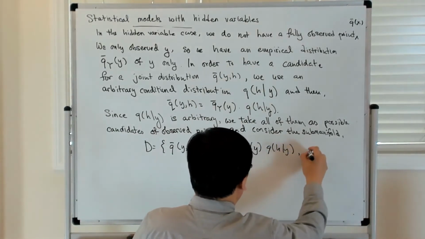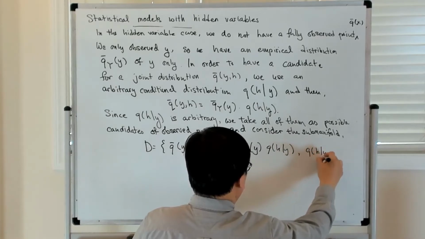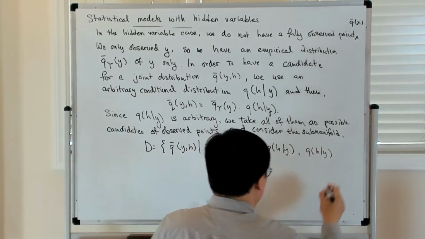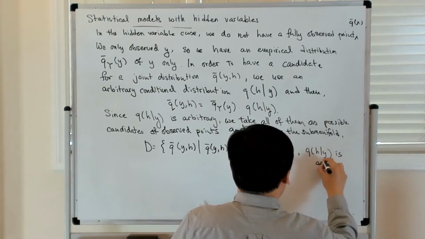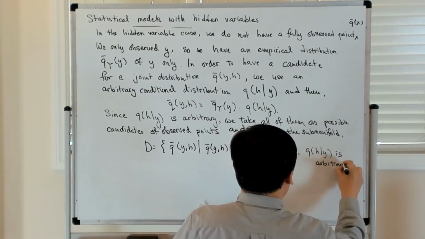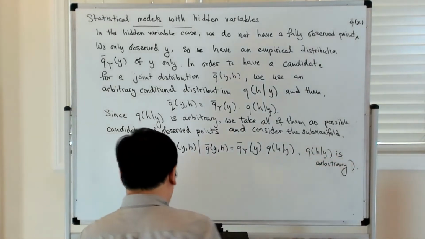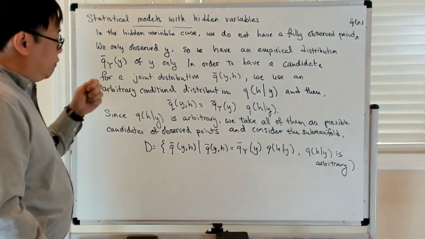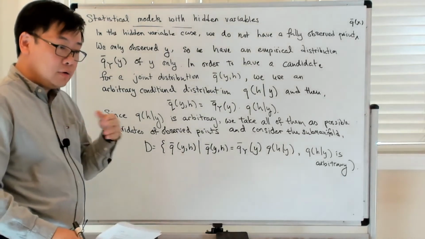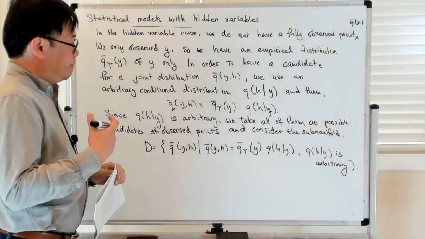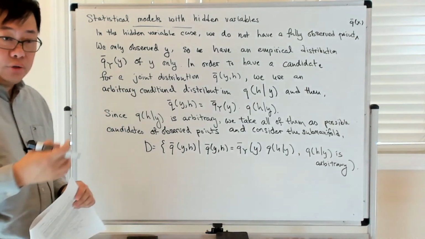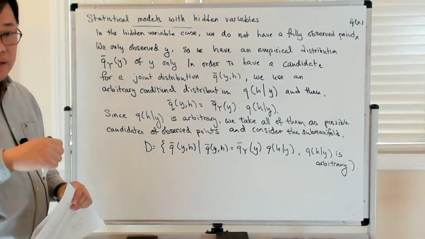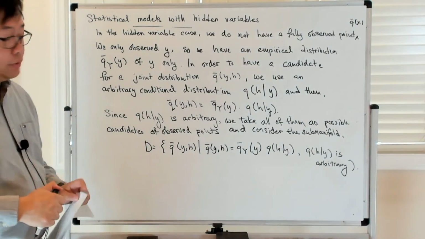What that's basically saying is that you've made an observation, which is an empirical distribution, but only in the observed variables, right?